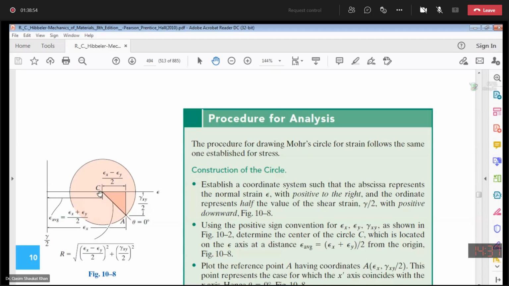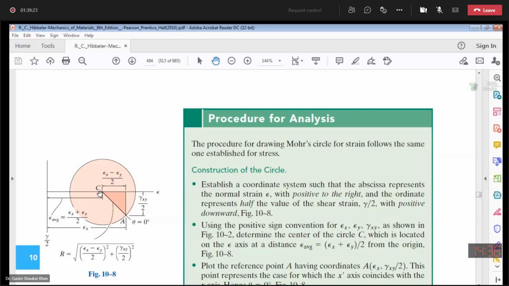Then the next step is to plot the reference point A. If you recall, we said that with the help of the element, when theta is 0 degrees, it means the x dash axis coincides with the x-axis. In that case, sigma x dash is equal to sigma x, sigma y dash is equal to sigma y, and tau x dash y dash is equal to tau xy.